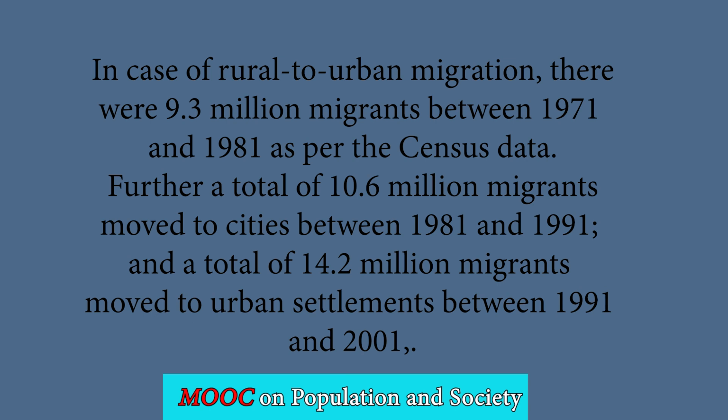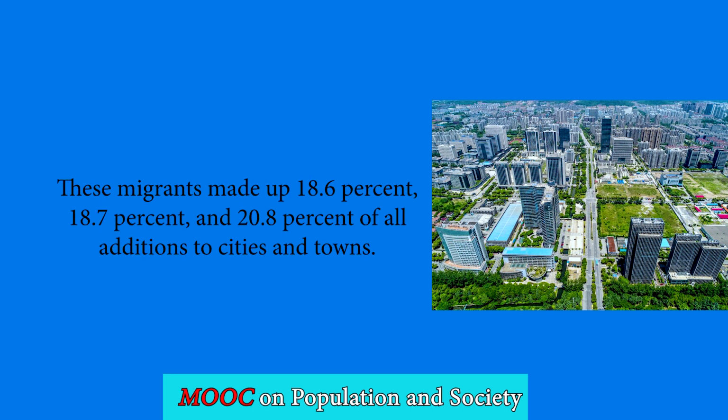Further, a total of 10.6 million migrants moved to cities between 1981 and 1991, and a total of 14.2 million people moved to urban areas between 1991 and 2001. These migrants made up 18.6%, 18.7% and 20.8% of all additions to cities and towns.